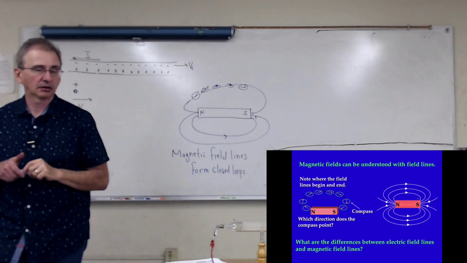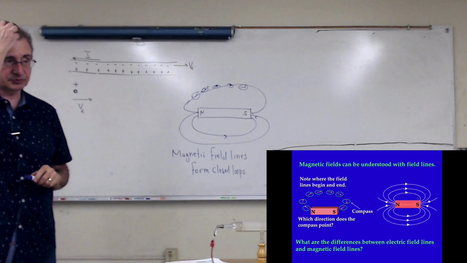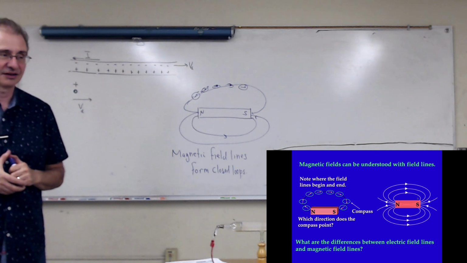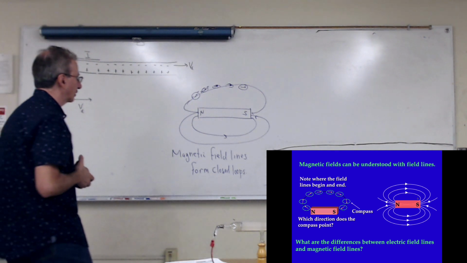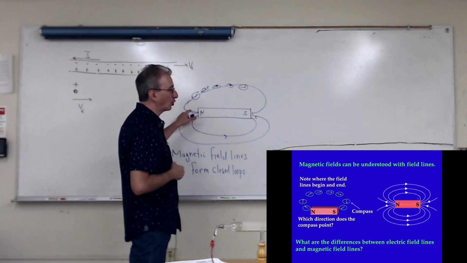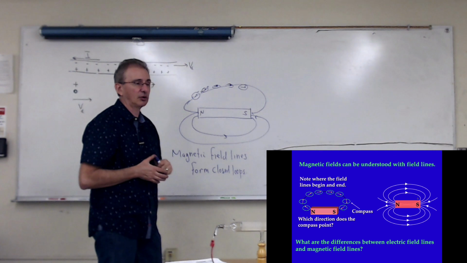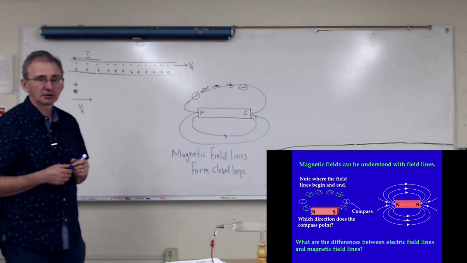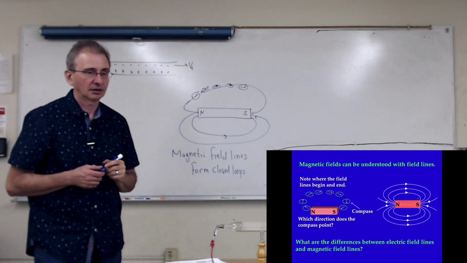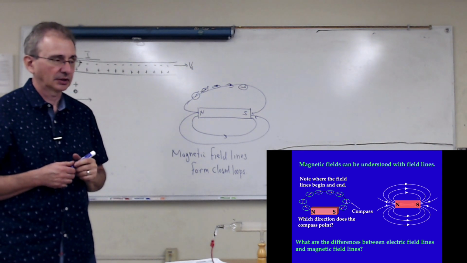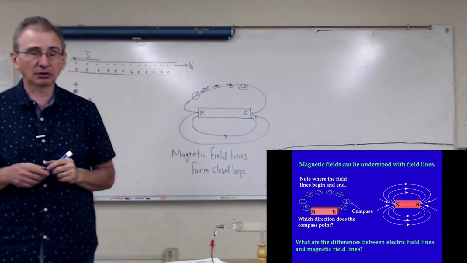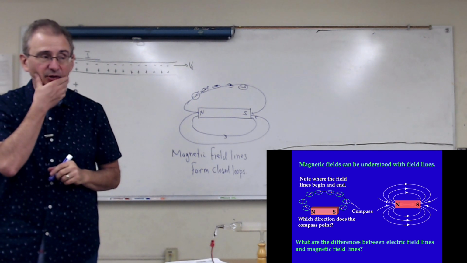Okay. Magnetic field lines form closed loops. Electric field lines do not form closed loops. The magnetic field lines circulate, and they go from the north pole to the south pole. And you can see that with a compass. So that's the big difference between the electric field and magnetic fields, that they form closed loops. They close upon themselves.